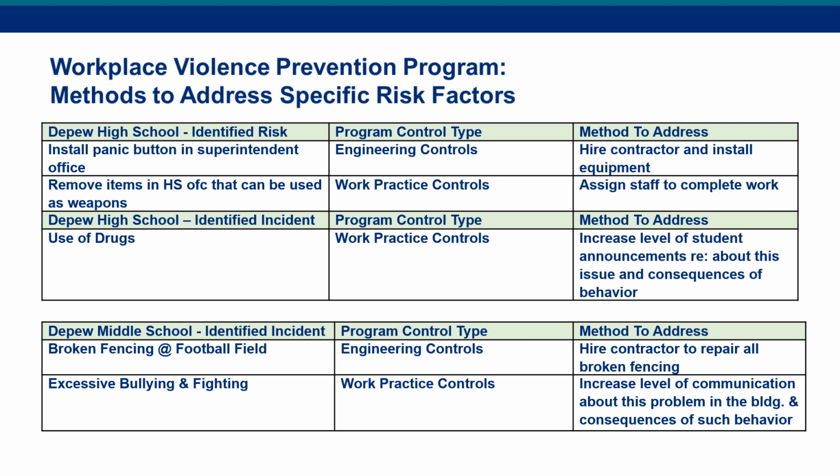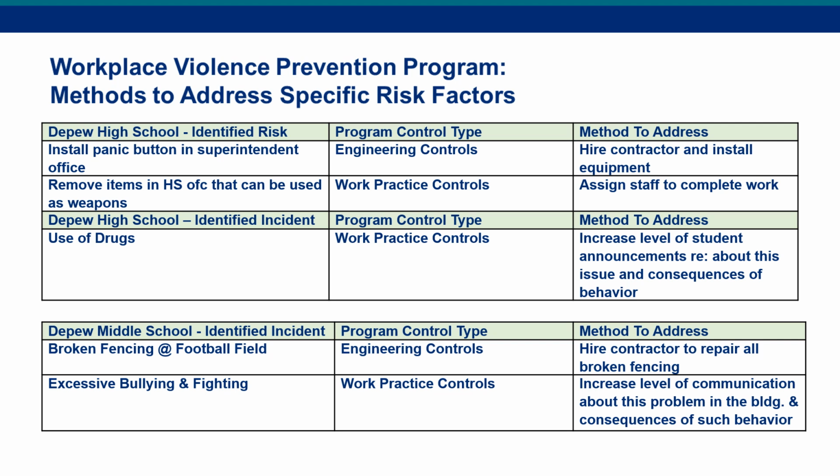We also see identified incidents specific to Depew High School. This one being use of drugs, program control type then listed, and finally the method to address by increasing the level of student announcements describing this issue and consequences of that behavior.